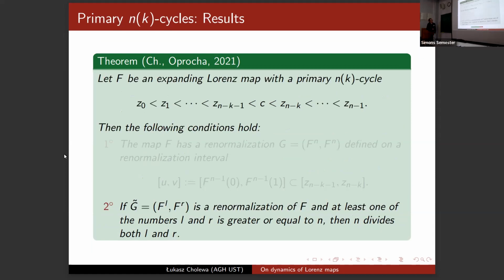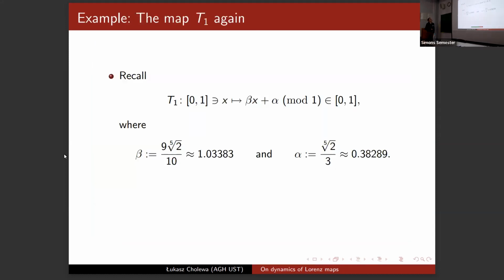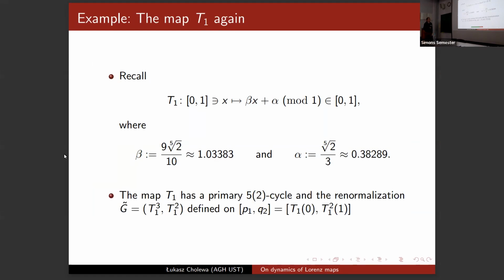Okay, so now let's focus on this part. As I said, it may happen that both these numbers are less than n, and we have such an example. It's again our map T1. As we discussed, this map has a 5-2 cycle, so for sure it has the renormalization T to the 5, T to the 5, but we also have this renormalization that we discussed at the beginning.